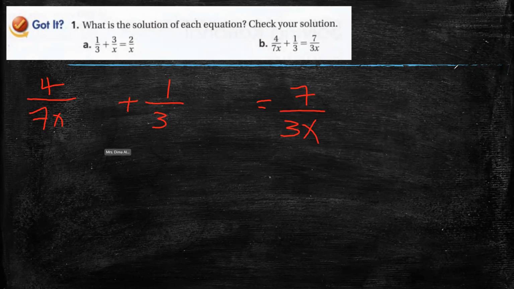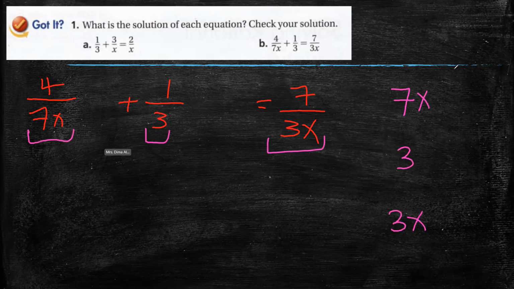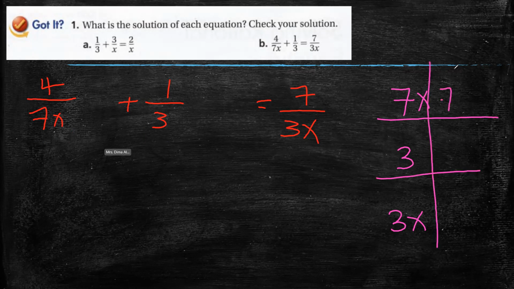Least common denominator. Yes, let's find the least common denominator. So here we have 7x, 3, and 3x. We bring them here. Then now, let's factorize them. We have 7 and x.